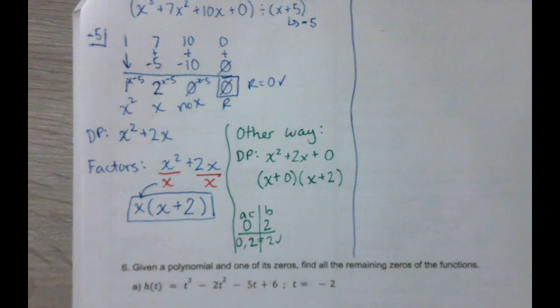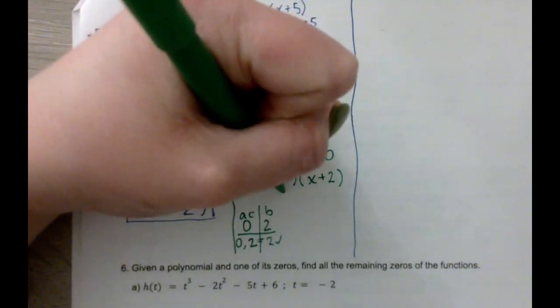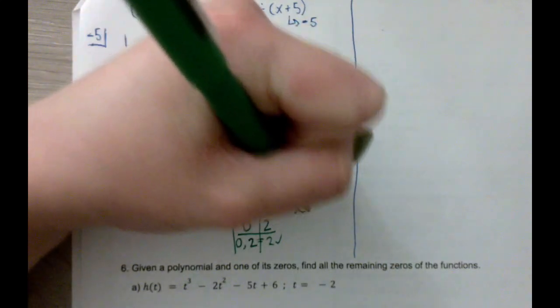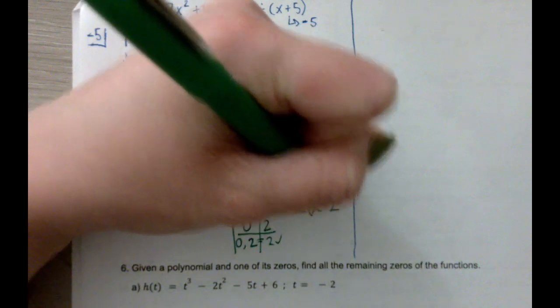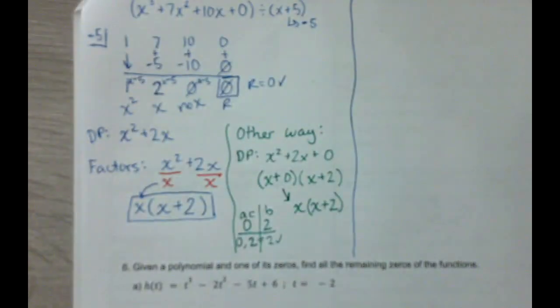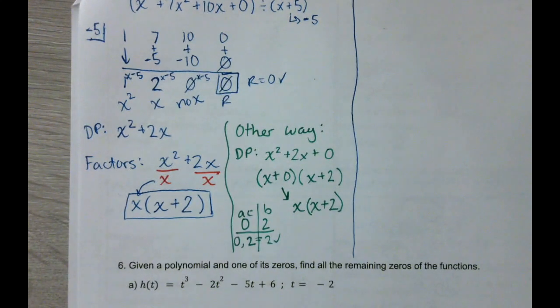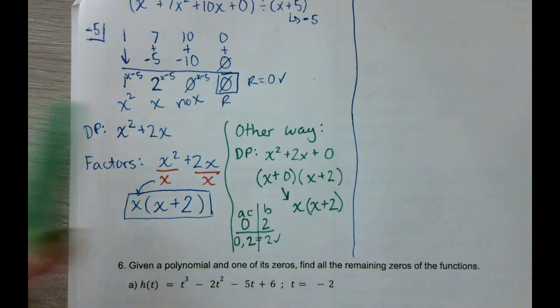Now technically it's best to not write x plus 0, but to write just x times x plus 2. You can put the x in parentheses or leave it out. It doesn't matter. As you see, we come up with the same answer. But if you notice the GCF, I think it's a little faster. So there is another way to do that problem where you're allowed to use the ACB chart if that's what you're more comfortable with.